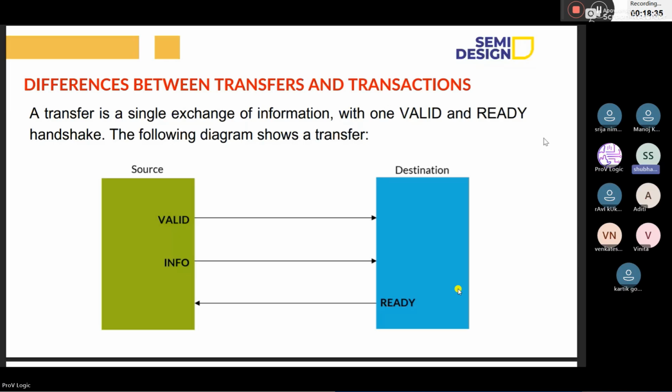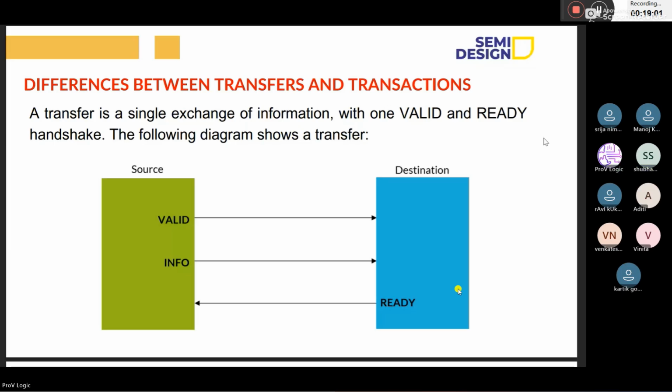Transfer is a simplex communication, like we can send to somewhere, while in transaction it is sending and receiving both parallelly. Transaction means sending and receiving parallelly. Okay, like duplex communication.